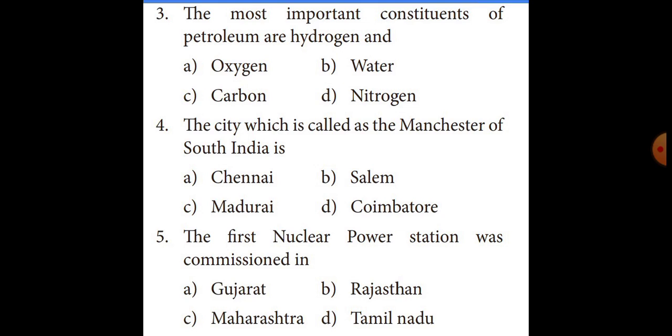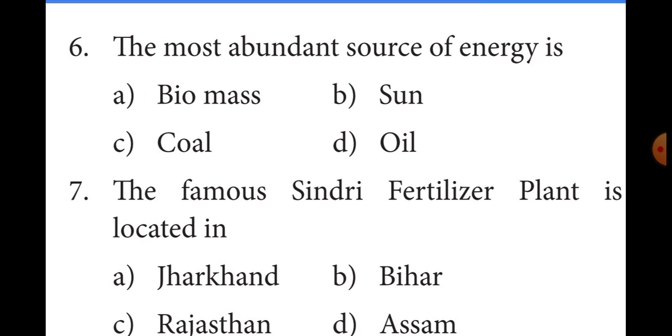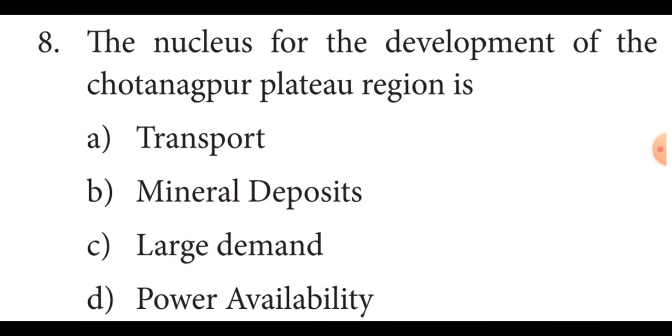Fifth one, the first nuclear power station was commissioned in Maharashtra. Sixth one, the most abundant source of energy is sun. Seventh one, the famous Sindri fertilizers plant is located in Jharkhand. Eighth one, the nucleus for the development of the Chotanagpur Plateau region is mineral deposit.